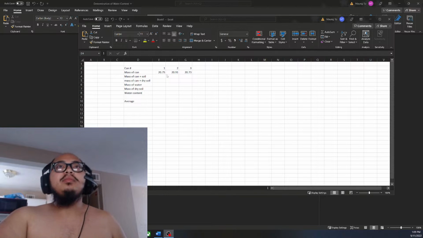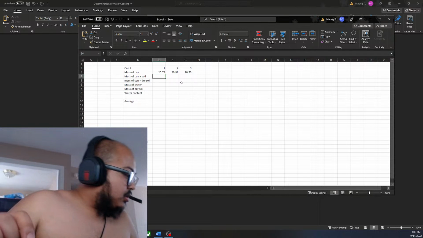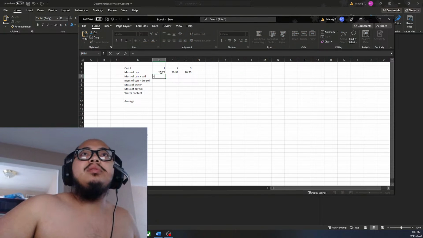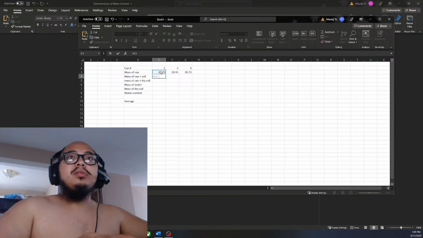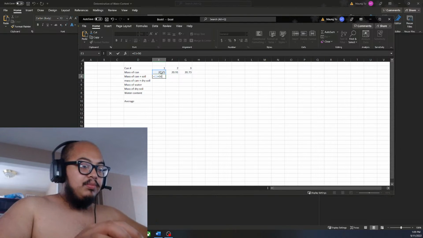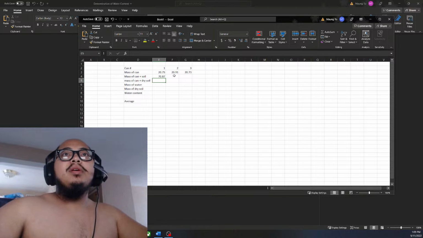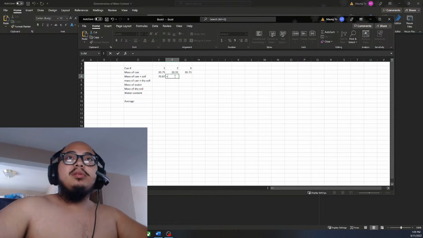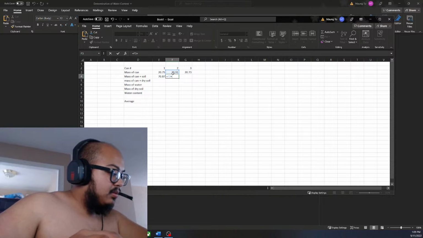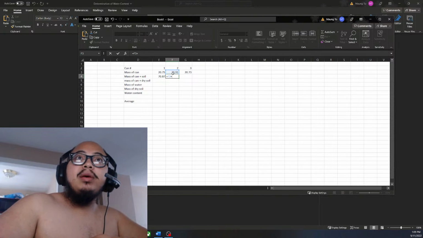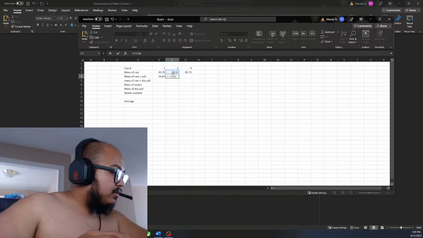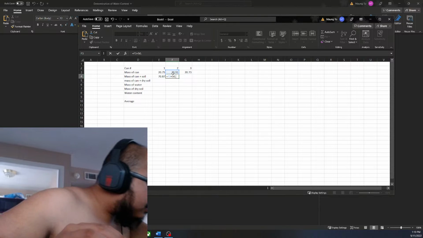Yeah. Mass of the can plus soil. This will be this plus 50.12, because I did not put the total down for the mass of can plus soil, so I have to put it point, what is it, 5.3.